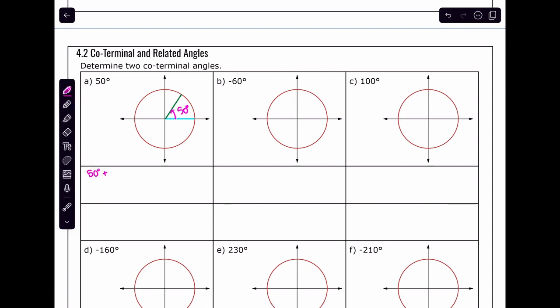And I'll say x is equal to 1 because it's easier. So I'll do 50 plus 1 times 360, which is equal to 410 degrees. So this will be my first coterminal angle, and it'll look something like this, making one full revolution around the axis.